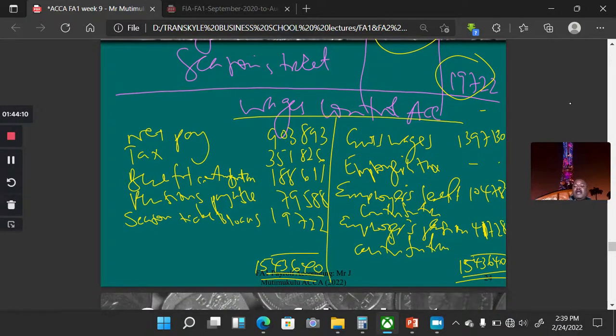I also talked about the need for classification of costs, that is between basic pay and overtime pay. If you still remember, in our initial studies we talked about cost classification.